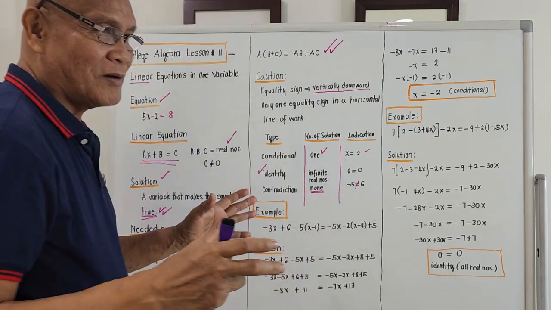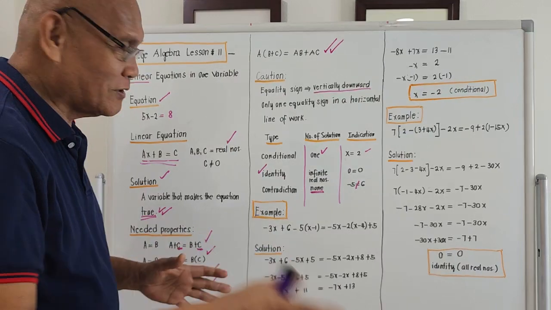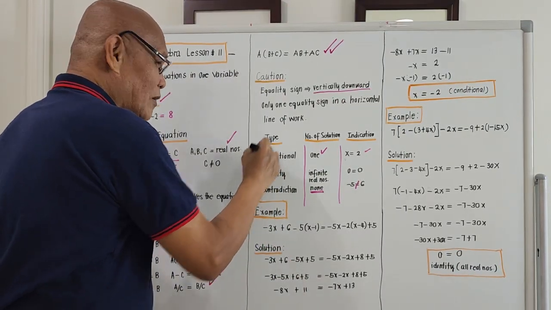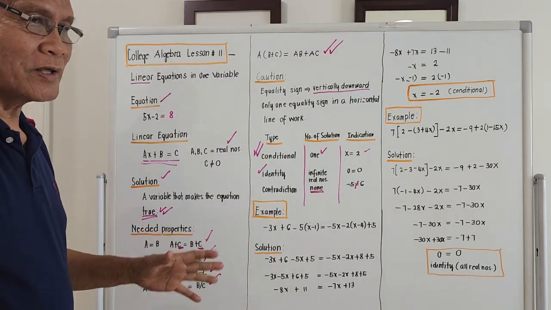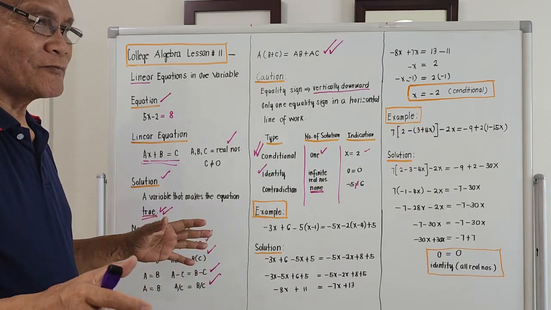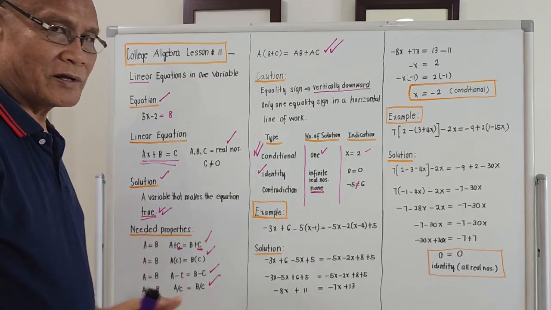Okay? But mostly, the problems we will be solving under real life conditions are the conditional type of linear equation. Okay guys, those are just concepts, and I think we are now ready to solve and identify what type of solution will come out for our next two examples.